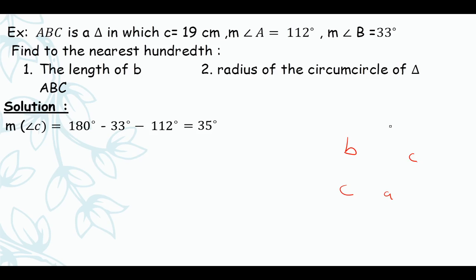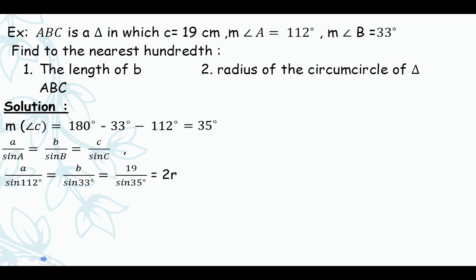Then a over sine A equals b over sine B equals c over sine C. Take care. You should use the sine rule if you are given two angles and the length of one side.